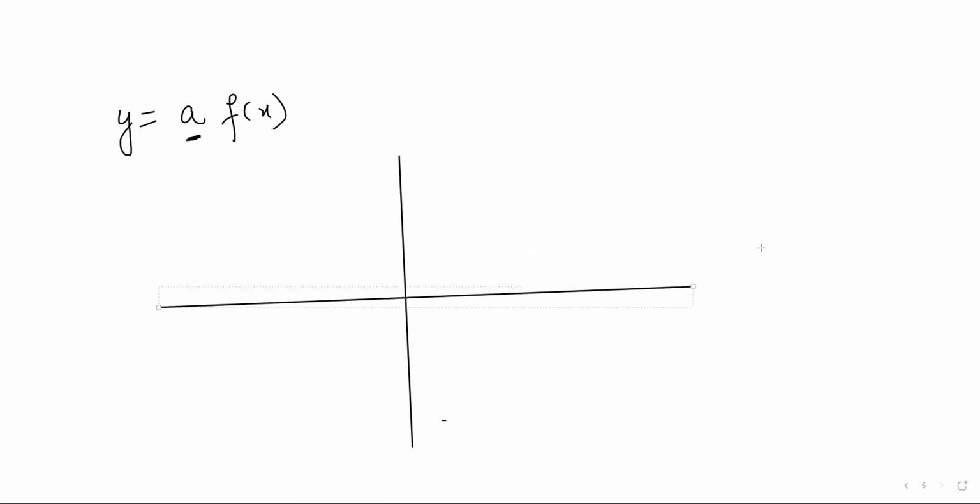Yeah, I can. Next is y is equal to a f of x. If there is anything multiplying with the function f of x, how is the graph going to change in this case?